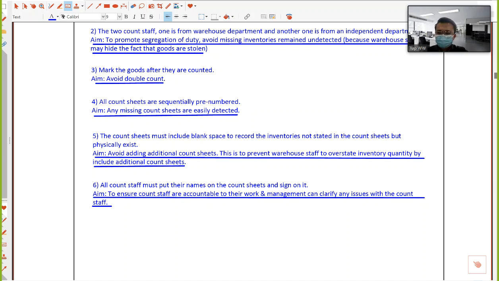You ask the warehouse staff to perform the count. Okay. You know, some warehouse staff really don't know how to write numbers one. 7 they write like 4, 9 they write like 6. And in the warehouse, when you perform the stock count, you have to climb the ladder, go into the cabinet, sweating, so hot inside there. Use the hand to write on the paper.